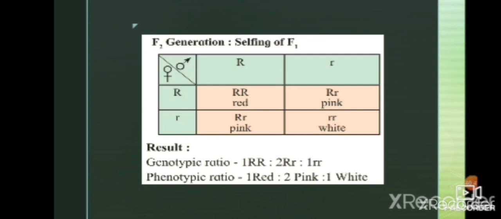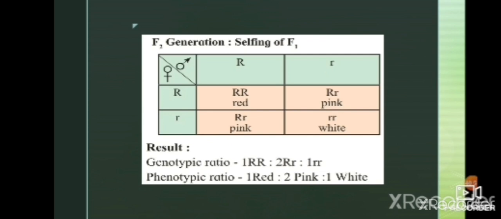is denoted by capital R, then two hybrid pink denoted by alphabets capital R, small r, and white flower denoted by alphabet small r.